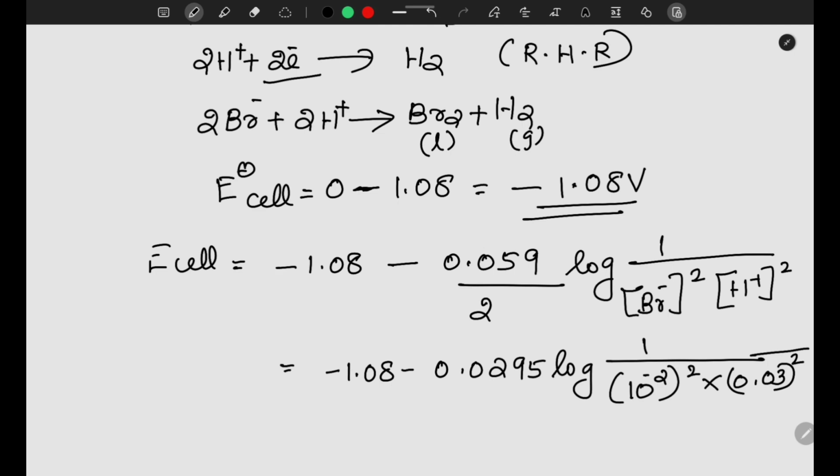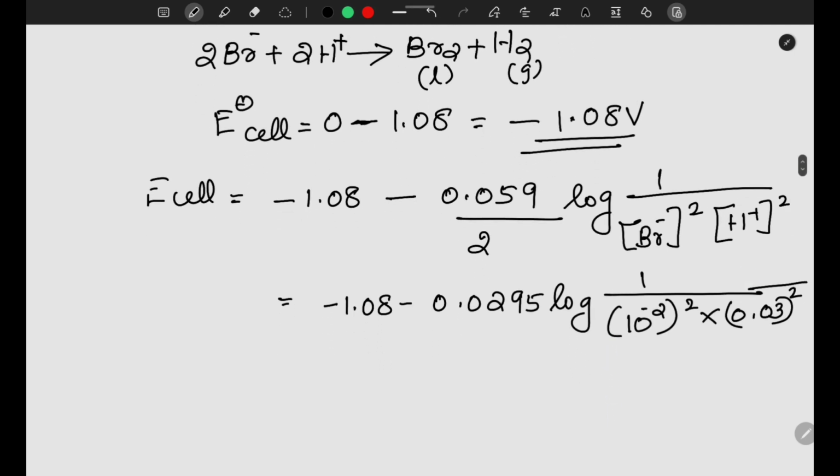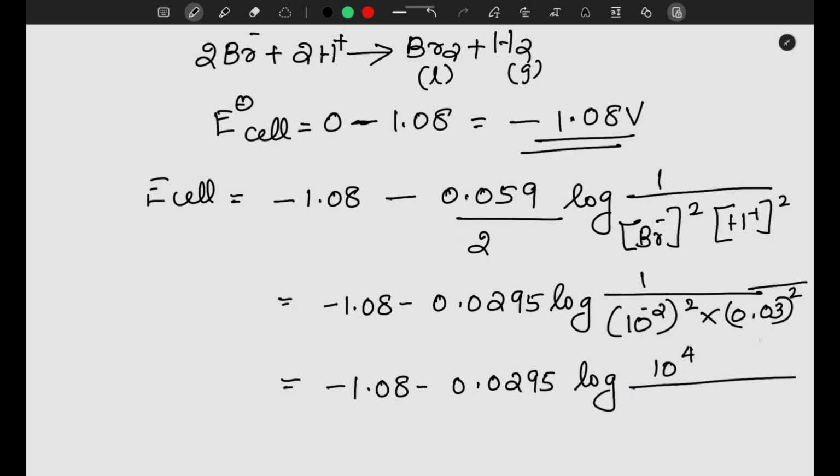That is 3 into 10 raised to minus 2 the whole square. So that is equal to minus 1.08 minus 0.0295 log 10 raised to minus 2 the whole square is 10 raised to minus 4. So that will go to the numerator as plus 4. And 3 into 10 raised to minus 2 the whole square, that is 9 into 10 raised to minus 4, that will go to the numerator as plus 4.